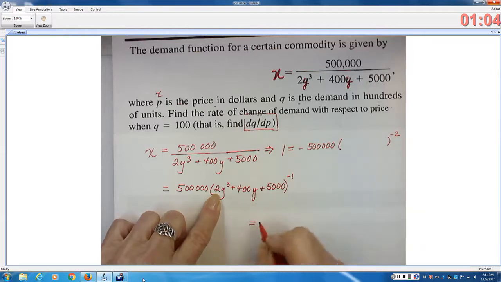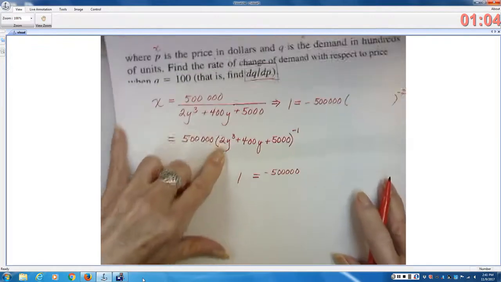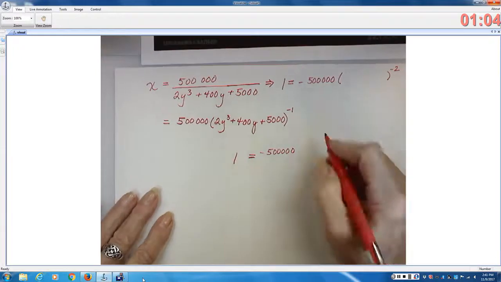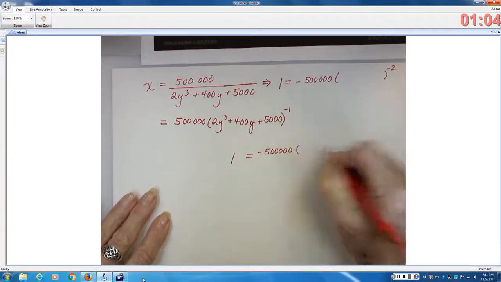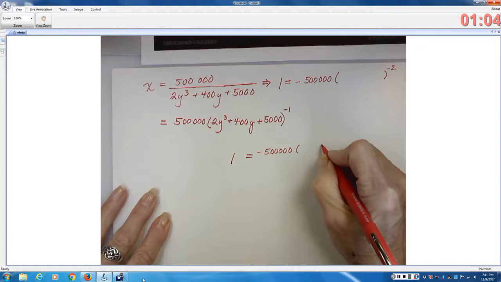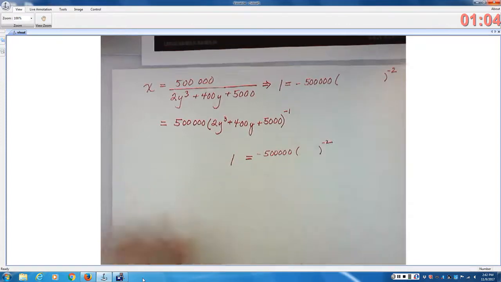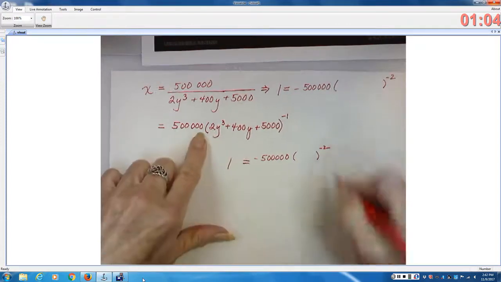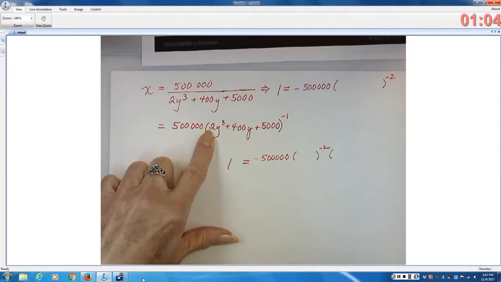So what we're going to have then is 1 is equal to -500,000 times that original expression in parentheses to the -2, and I'm not even leaving enough room to put it back in there. And now I need to take the derivative of that function.